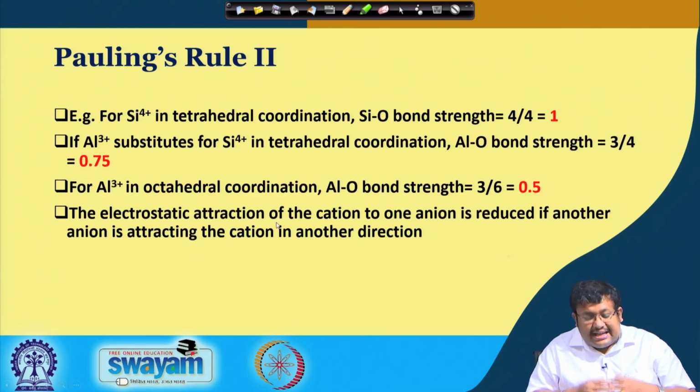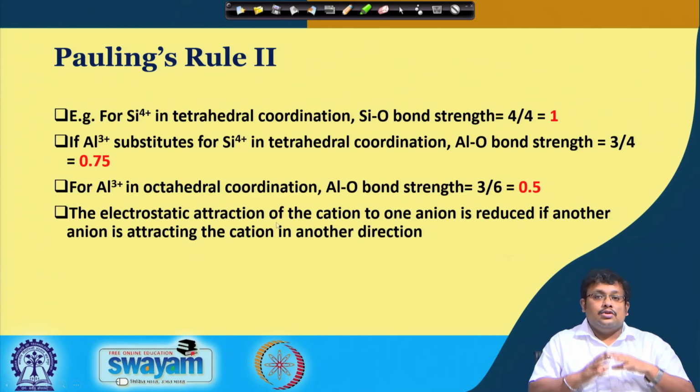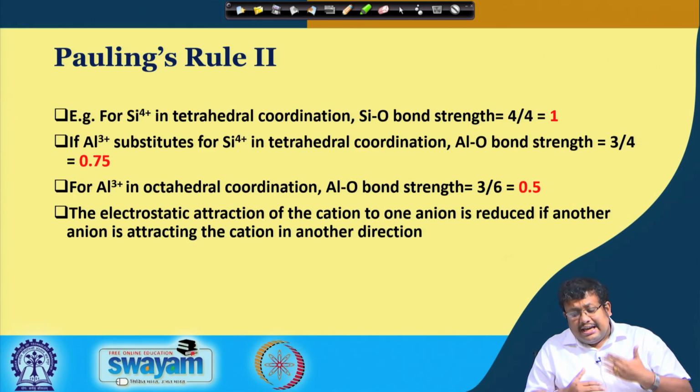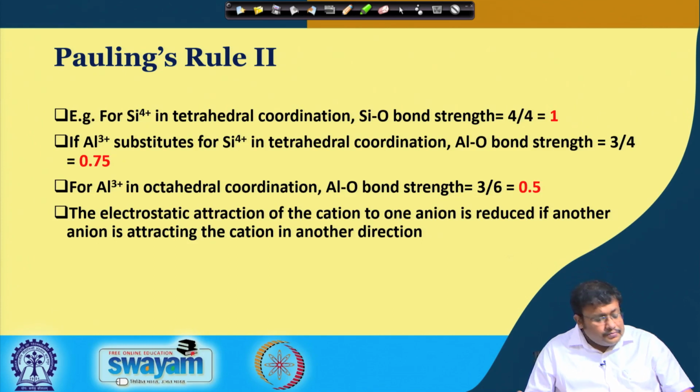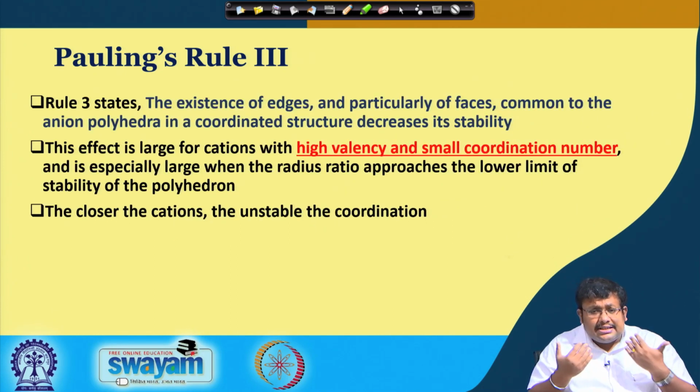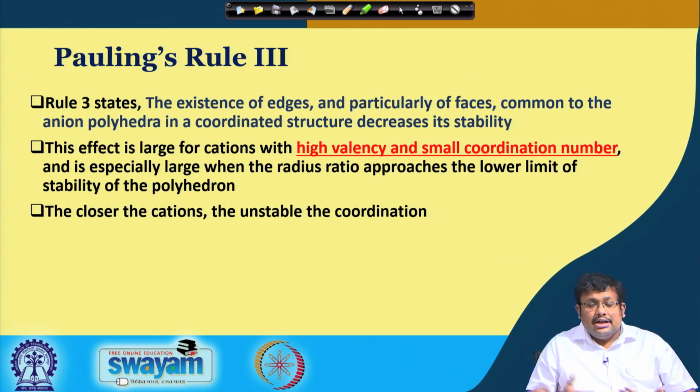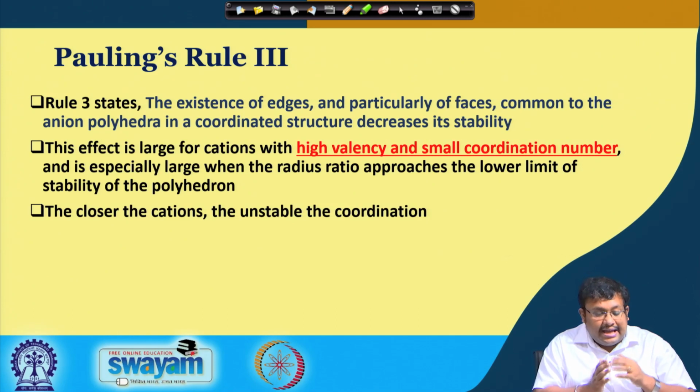The electrostatic attraction of the cation to one anion is reduced if another anion is attracting the cation in another direction. Now, Pauling's rule 3 states that the existence of edges and particularly of faces common to the anion polyhedra in a coordinated structure decreases its stability.